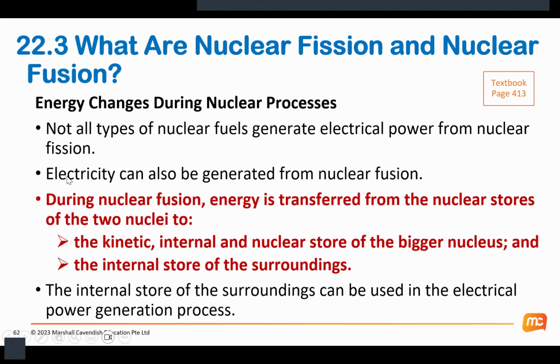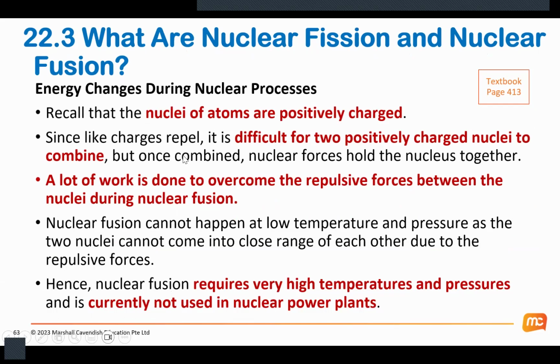The same thing happens that during nuclear fusion, energy is transferred from the nuclear store of the two nuclei to the kinetic, internal and nuclear store of the bigger nucleus, as well as the internal stores of the surrounding.